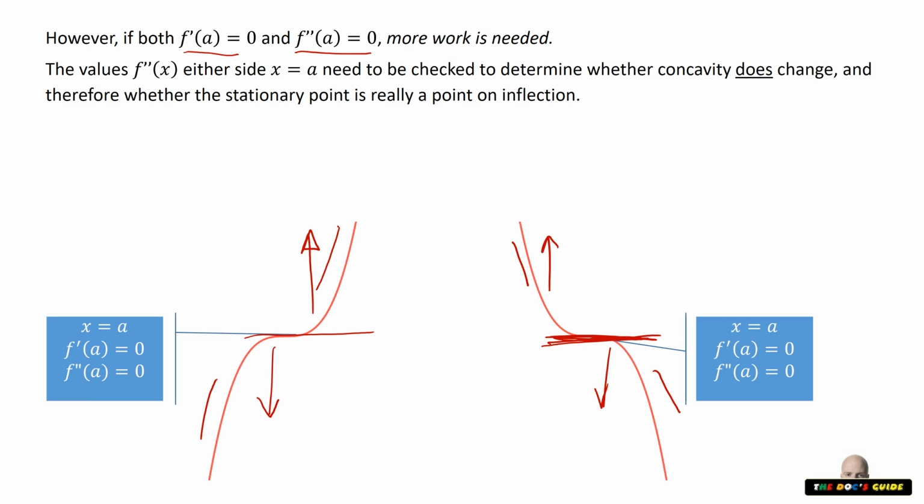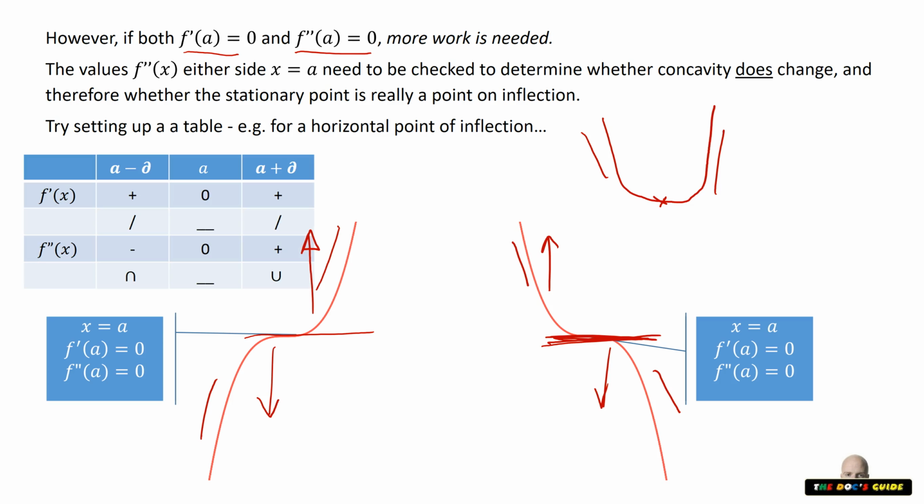So things like y equals x to the fourth, for example, which, if we graphed it, shows something like a squared off minimum that has the first differential and the second differential at that point equal to 0. But it's clearly not a horizontal point of inflection because concavity doesn't change and the slope of the function does change. So we need to be clear about what constitutes a point of inflection.